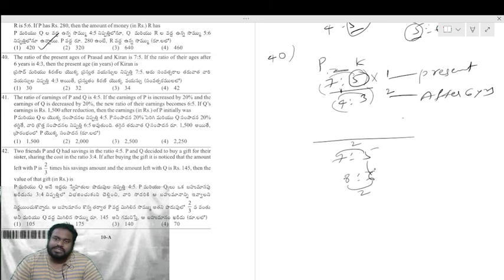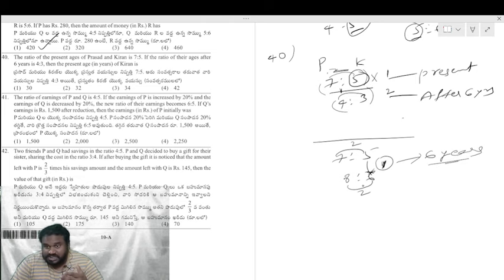So now 5 has become 6. Is there any other clue he has given? The ratio of their ages after 6 years is given, and we need the present age of Kiran. So 5 has become 6. One part change is responsible for 6 years.